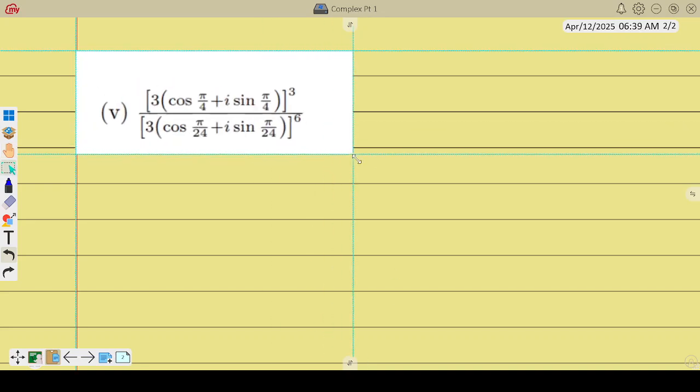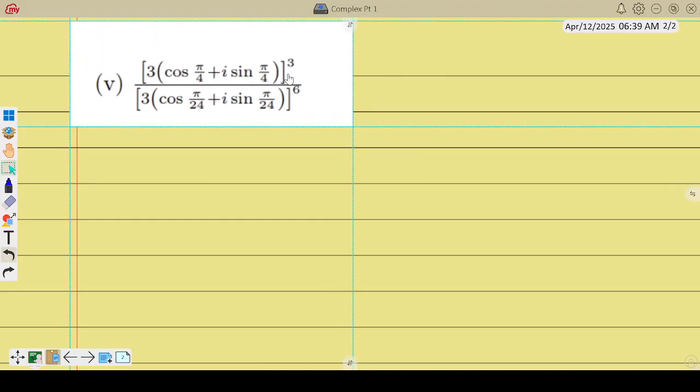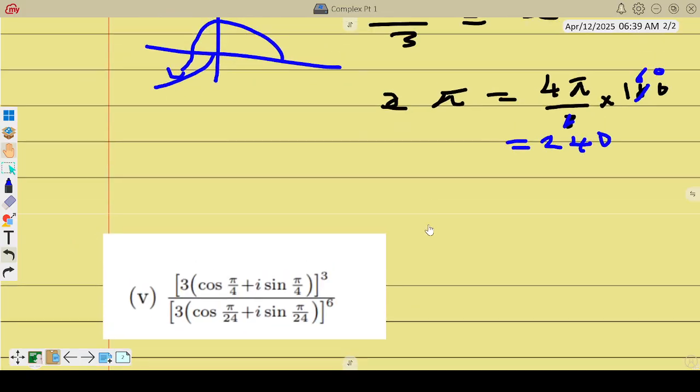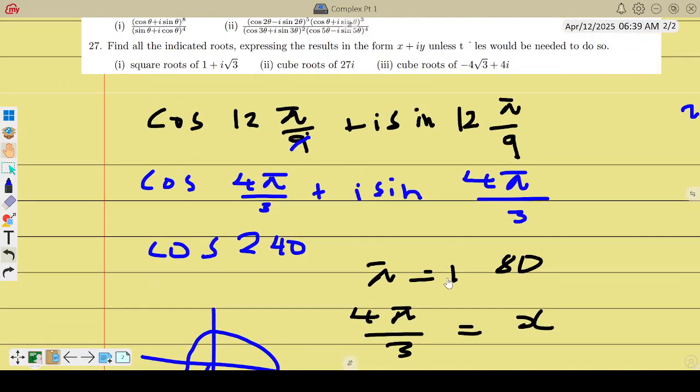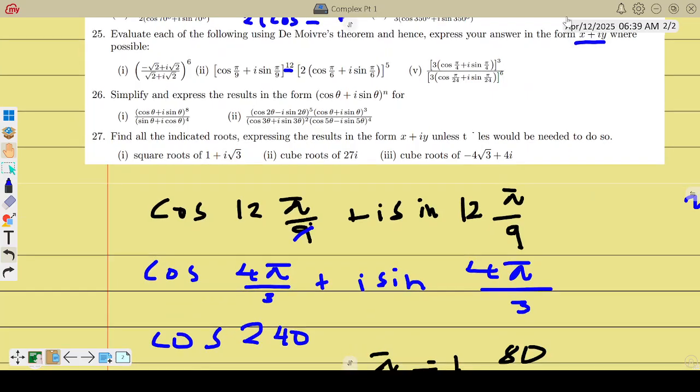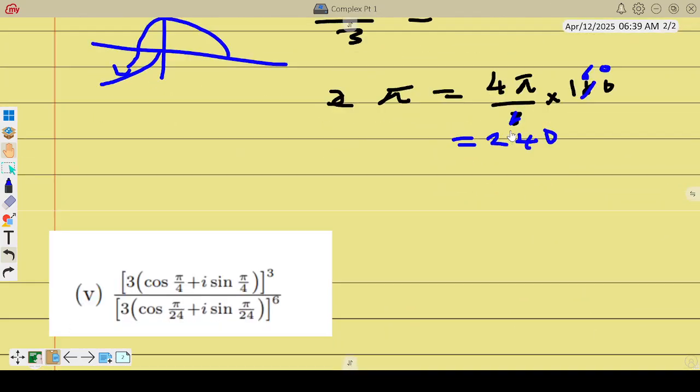So here's question V. Let's see what it was saying. We want to evaluate using de Moivre's theorem, and see if we can take it to the standard form.